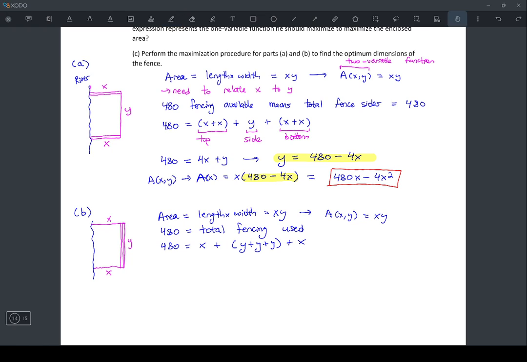Let's label those. So we have the top, we have the bottom, and we have the triple layer side. So 480 is equal to 2x plus 3y.